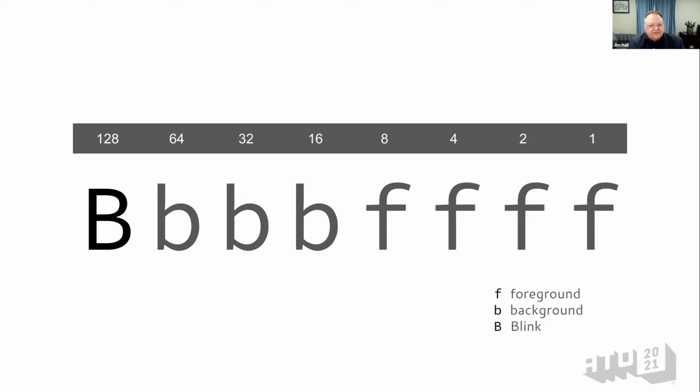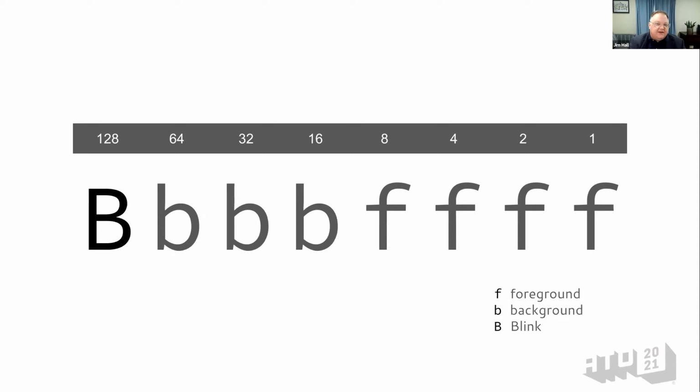And so you'll notice that we've got 8 bits in here representing color all at one time, 4 bits for the foreground, 3 bits for the background, and 1 bit for the blinking bit. And that is 8 bits. That's a full byte. And IBM stopped there. That's why we have 16 text colors and 8 background colors.